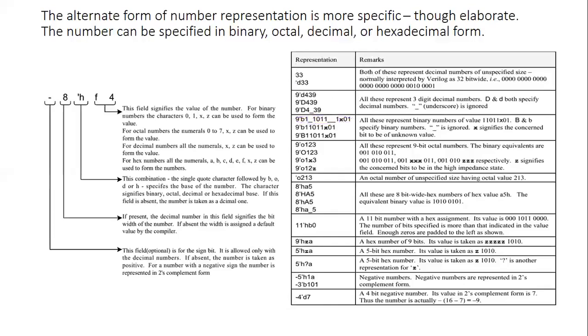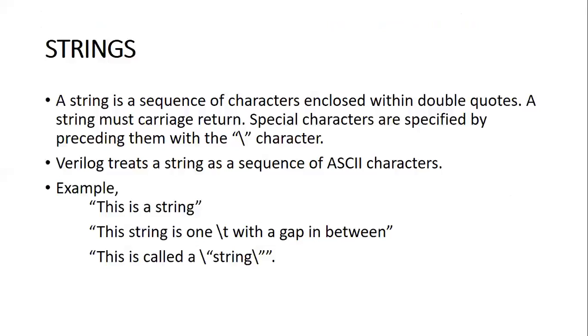Now if you come to the next one, it is string. A string is a sequence of characters enclosed within double quotes. Verilog treats this sequence as ASCII characters. It will treat a string as a set of ASCII characters. For example, if I put anything within double quotes, it will be considered as a string.